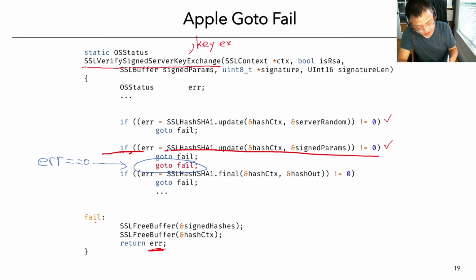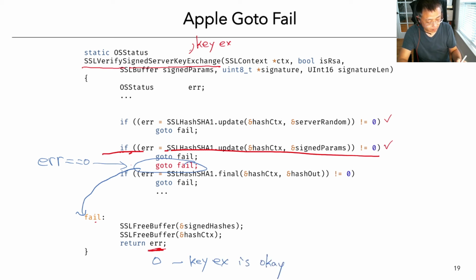Now it's going to execute this piece and then return 0. 0 means the key exchange is valid. Okay, key exchange is okay. So now, because of this extra goto fail, all the checks after this will be skipped.